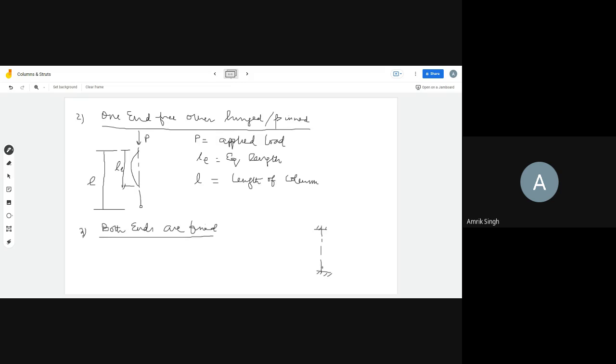So in this case, the column will bend like this. Okay. So this is P and this is P. This is L, that is length of the column, and this one is the equivalent length.